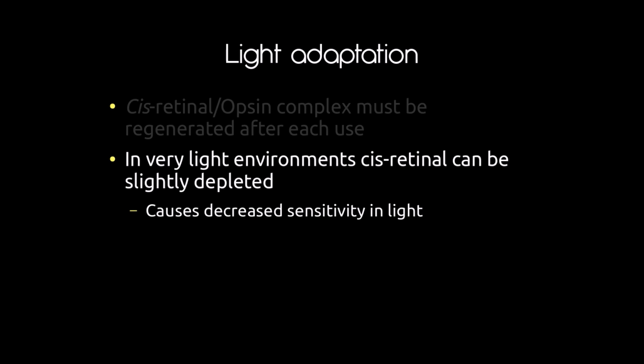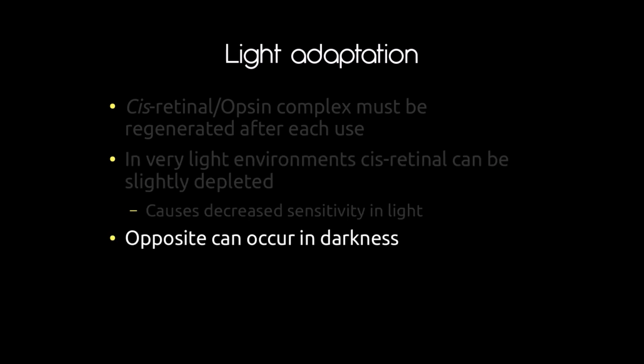So even these minor depletions are going to lead to decreased light sensitivity, which is good in high light. If you walk from a dark place out into a bright outdoors, it's really hard to see for a while because you're being so overstimulated by the light. You need this reduction in sensitivity to get the best vision possible, and so this reduction isn't necessarily a bad thing.